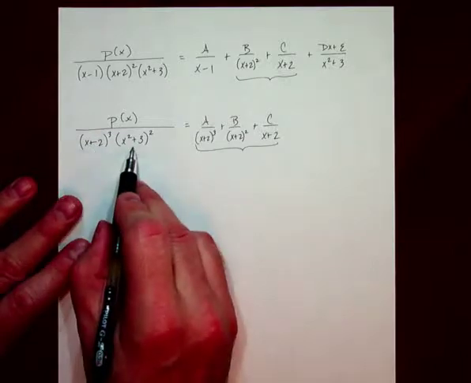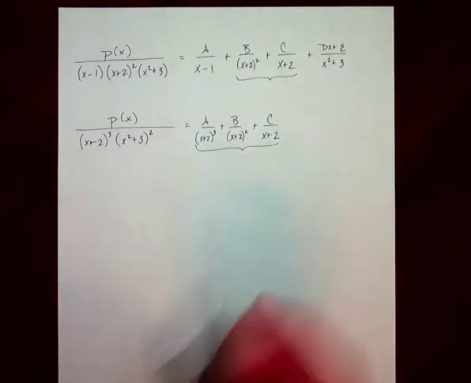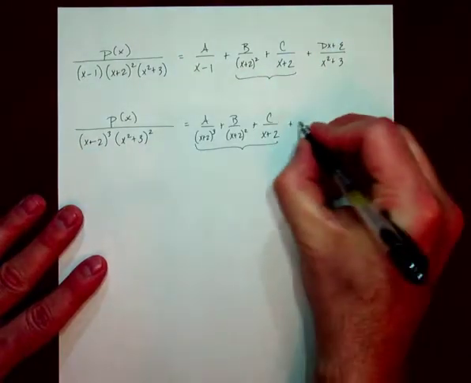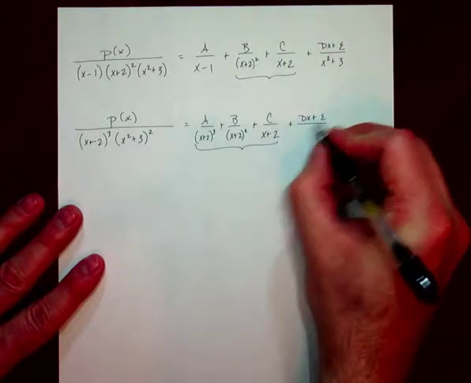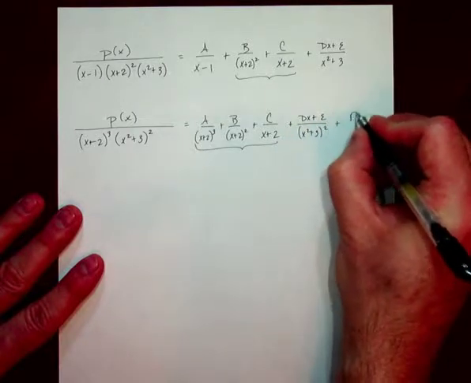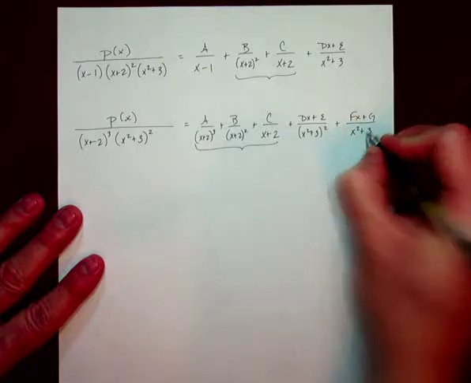Now here we have a repeated quadratic. If you blend both of these strategies together, it's probably a little bit predictable. You get dx plus e over x squared plus 3 squared, and then fx plus g over x squared plus 3.